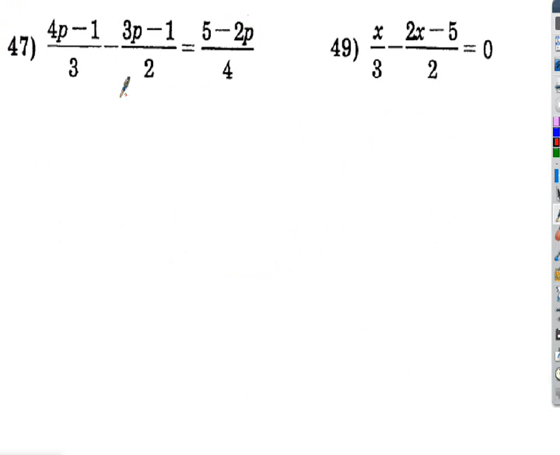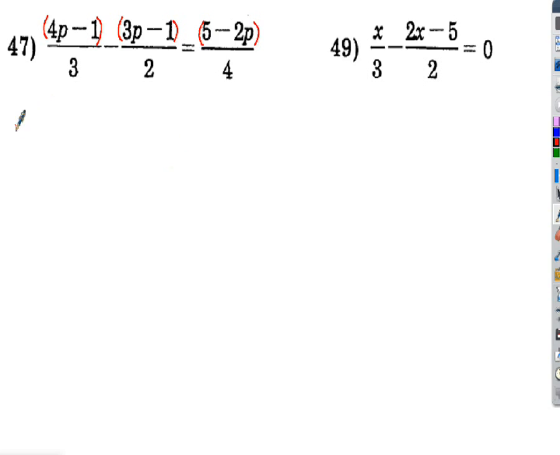Question 47 is quite complicated here. We've got three fractions, and again I'll put brackets around the numerators to show how they're separated. What I think I would do here is simply multiply throughout by 12, because 3, 2 and 4 will divide completely into 12, so that's the lowest common multiple, and that will remove the fractions.